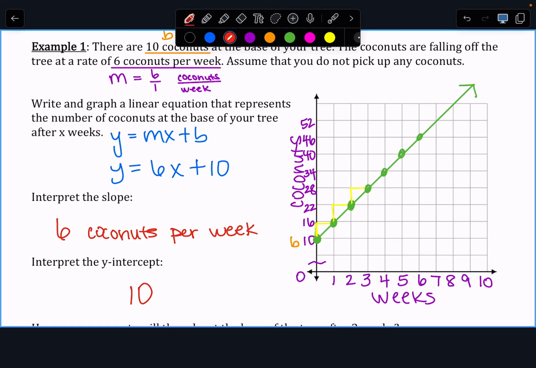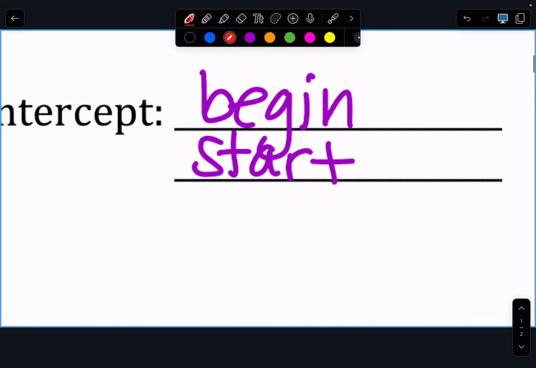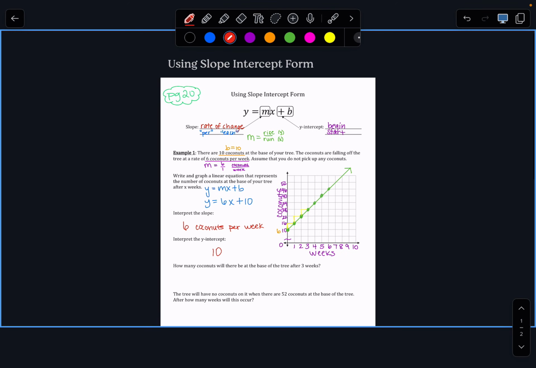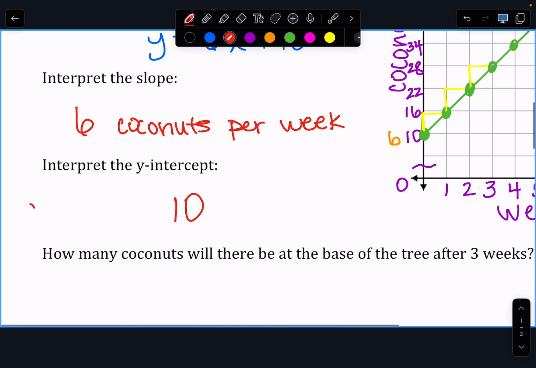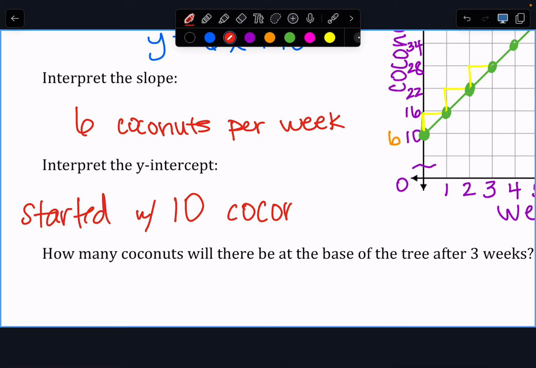Okay, so we started with 10 coconuts. Boom.